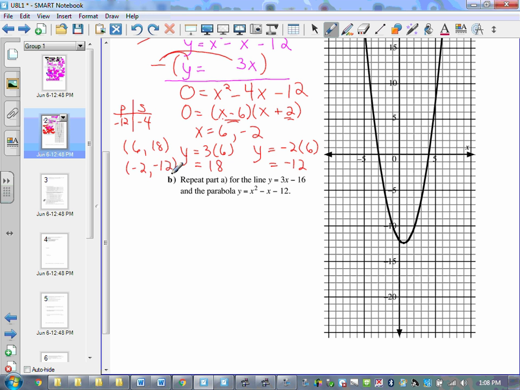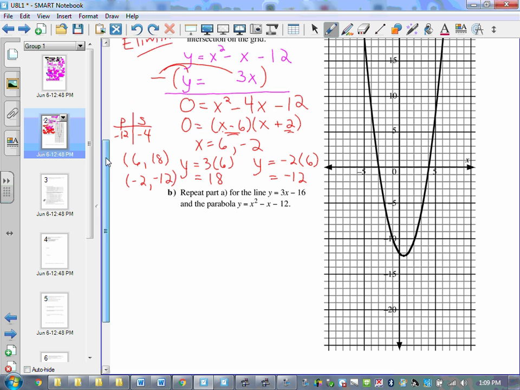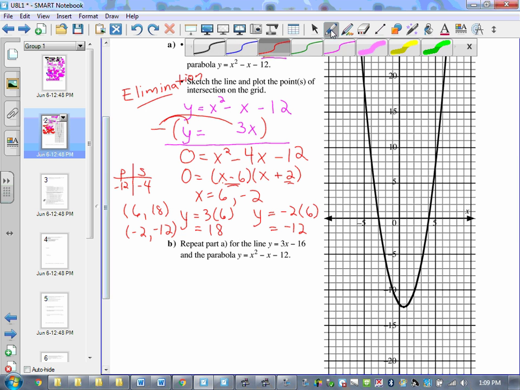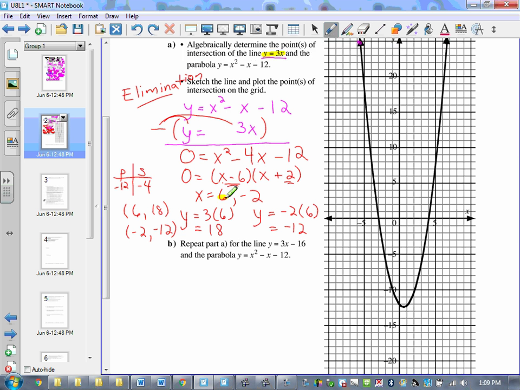Wait, so for the first one, it was y equals 3x. So you did y equals 3 times 6, but how can y equal -2 times 6? Because these are our two solutions. Right, this one here, when x is 6, what does y equal? I'm substituting that 6 into this equation. And our other point of intersection is x is equal to -2.